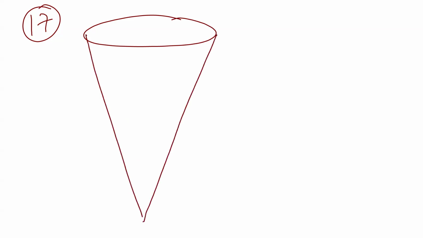For the second part, we'll draw this diagram. It is exactly the same as the previous problem, question number 13, the diagram is the same. There is water dripping out from this conical flask. Question number 17, sub question 2.